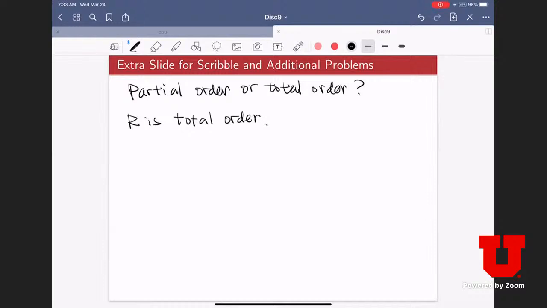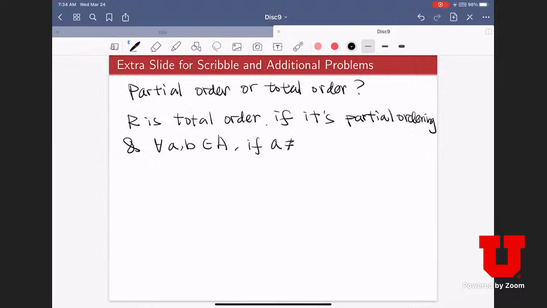We know that besides being a partial ordering, R is a total order if it's a partial ordering and it satisfies the condition we just talked about: for every A and B in S, if A is not equal to B, we should have either (A, B) in R or (B, A) in R. That just means we need to have at least one of them in the relation.